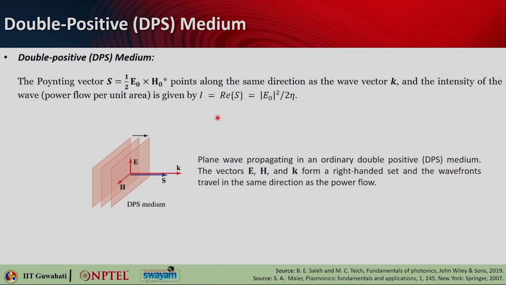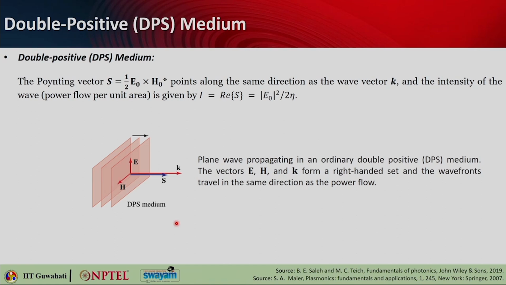They point in the same direction as the wave vector K, and the intensity of the wave, that is basically the power flow per unit area, can be given as I, which is the real part of S, and that can be given as modulus E naught square over 2 eta. So that is how the intensity can be found out. Once again, what is intensity?